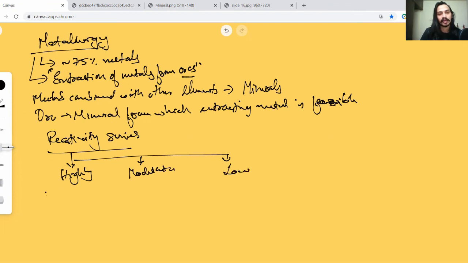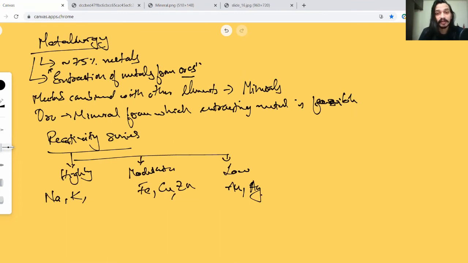If I talk about highly reactive, you'll find things like sodium, potassium, calcium. All of these are highly reactive elements. If you come to moderate, it's something like iron, copper, zinc. These are all moderately reactive metals. And low reactive are nothing but silver, gold. All of these are low reactive.